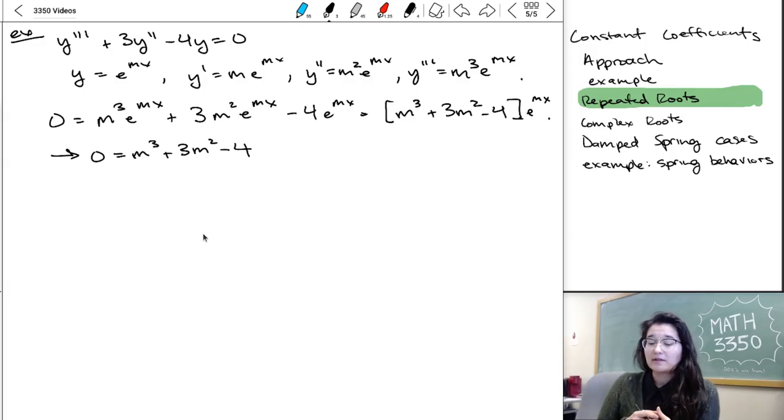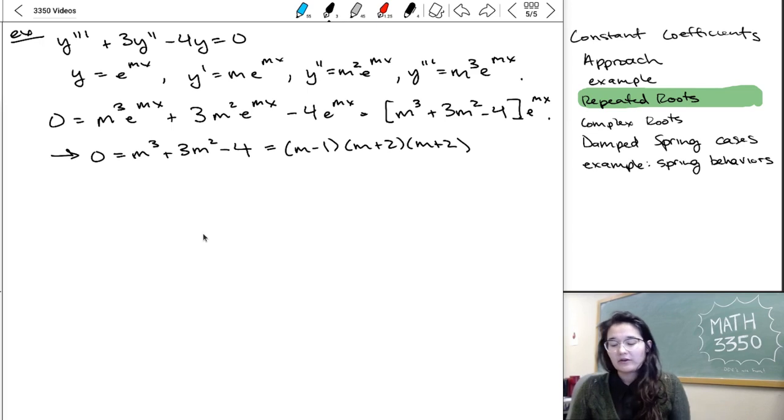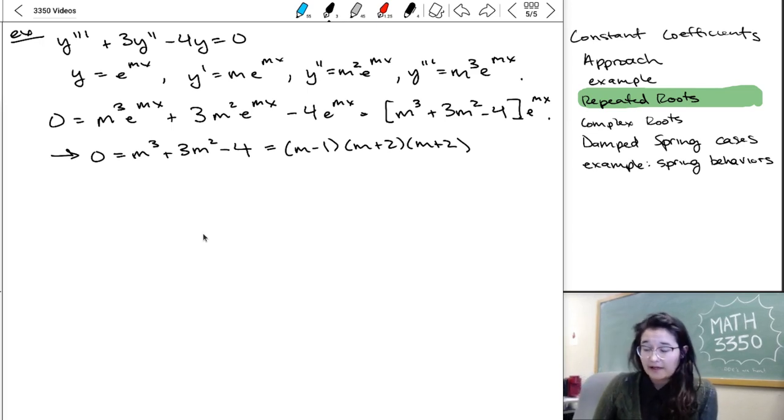And very worst case scenario, you can Google it. So for this one, I factored it ahead of time by looking at it and thinking about what the roots would be. And if you want to talk through that process, please come to office hours. But it ends up being m minus 1 times m plus 2 times m plus 2.